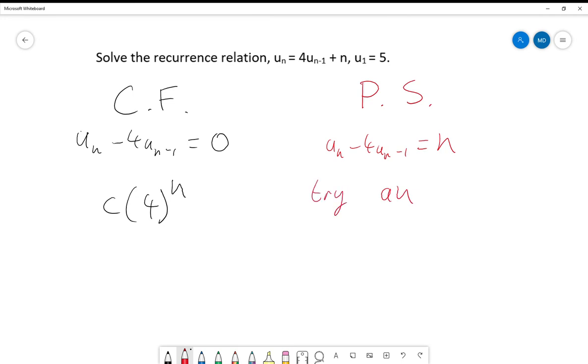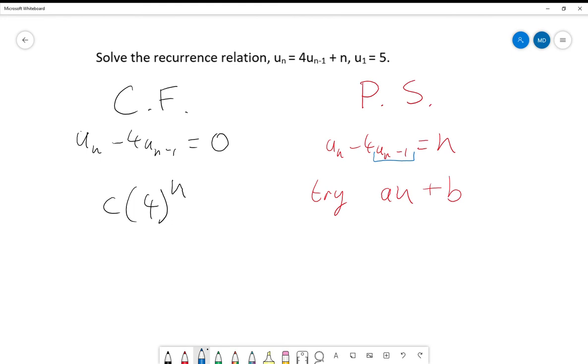But this actually won't be good enough, because for the un minus 1 we will actually get a constant as well, and that won't disappear, which we need it to, because this side is empty. We need that constant to disappear, and so we actually need to include a constant always to ensure that the constant we get from this term disappears.